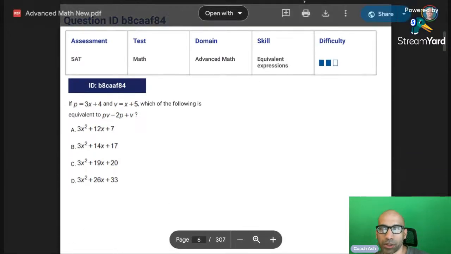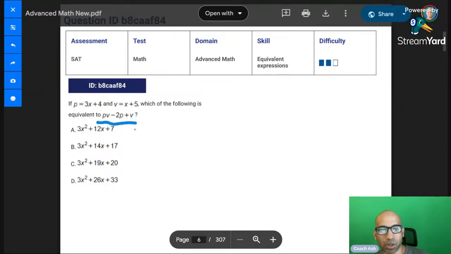Now here's an easy shortcut that you can think about. If p is equal to 3x plus 4, and they're asking you this part, as soon as you see the word equivalent, there is an easy shortcut that we've demonstrated before.